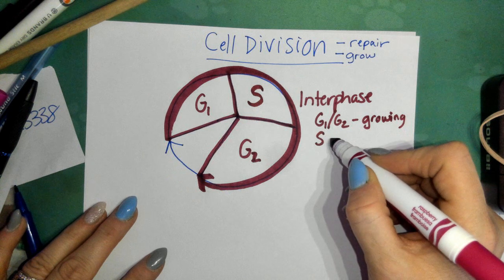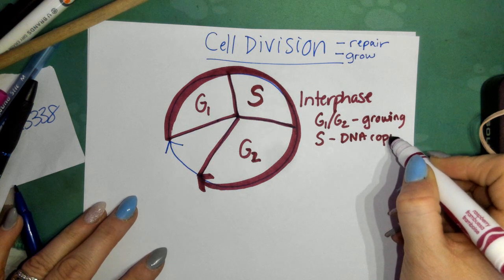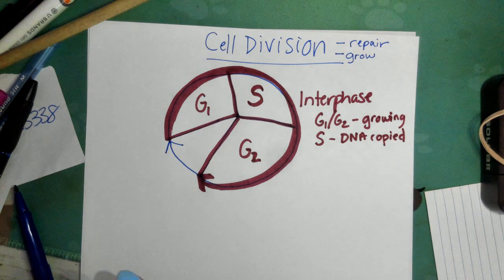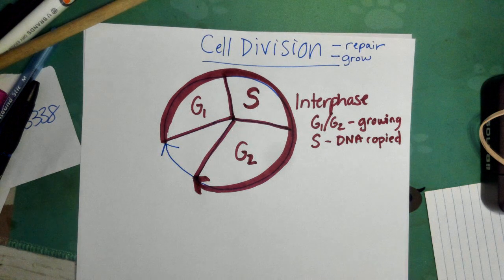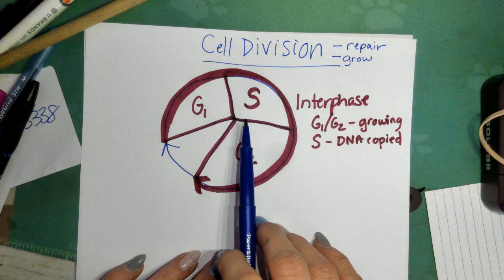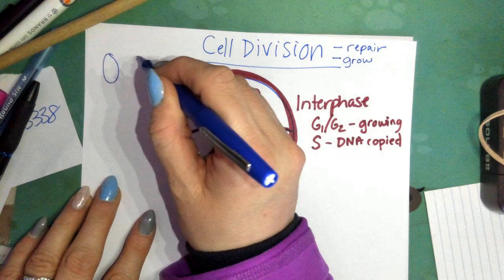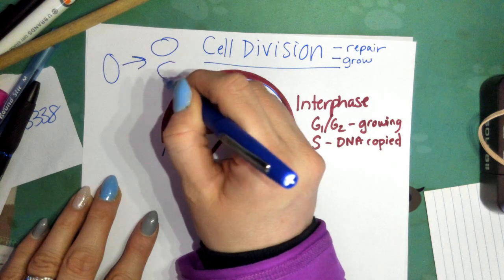In the S phase, though, it's important to know because that is when DNA is copied. If you are trying to do honors, you would have learned about DNA replication through that Nearpod posted on Schoology. The S phase is where DNA is copied. We want to copy the DNA because we're going to go from one cell, and that cell is going to divide into two cells.